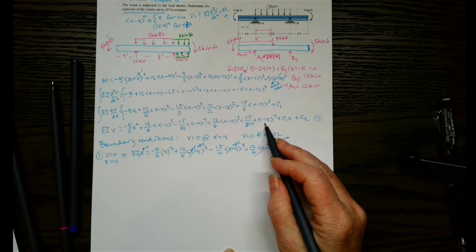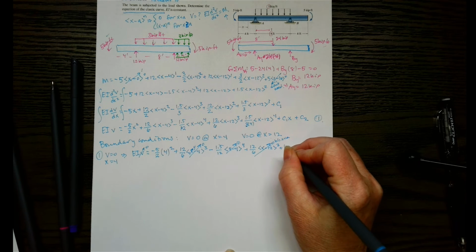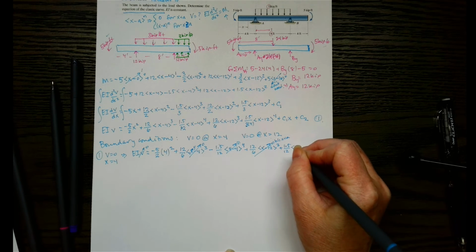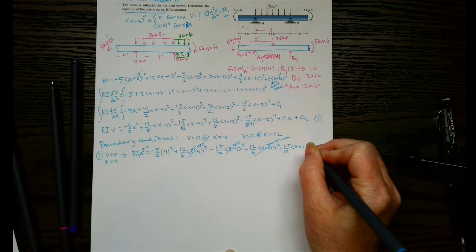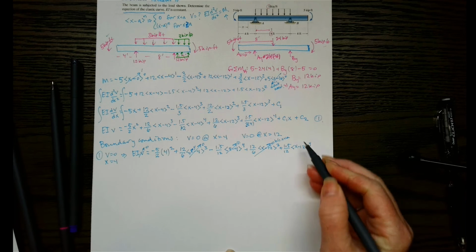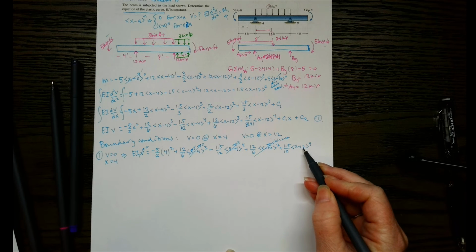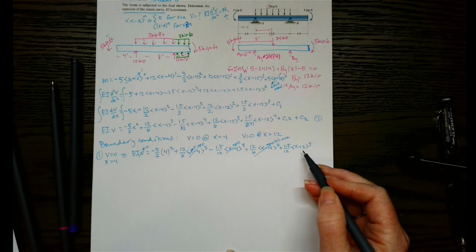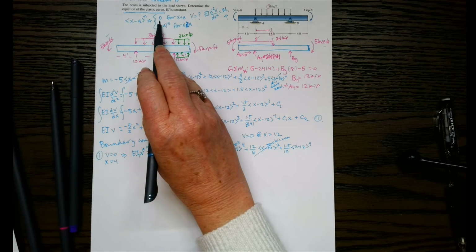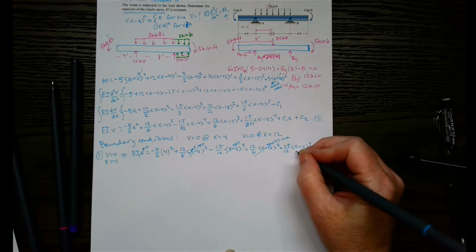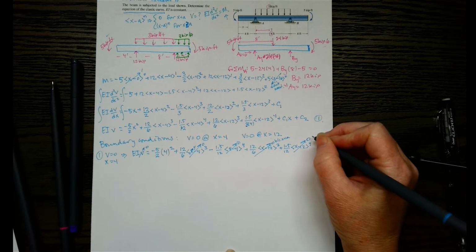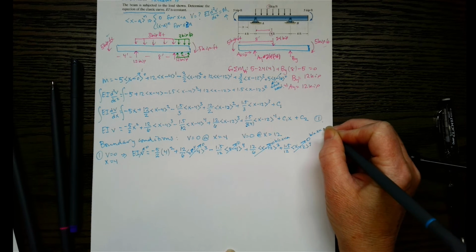Then this one is next. So 1.5 over 12. Again, we've got this X minus 12 to the 4th. But A is 12, X is 4. So 4 is less than 12, so X is less than A, and we set that term to 0.